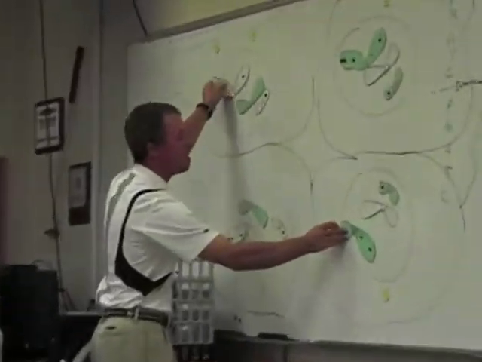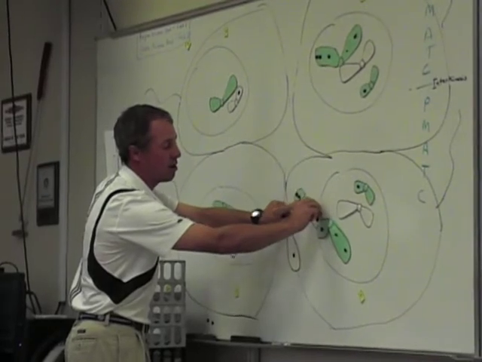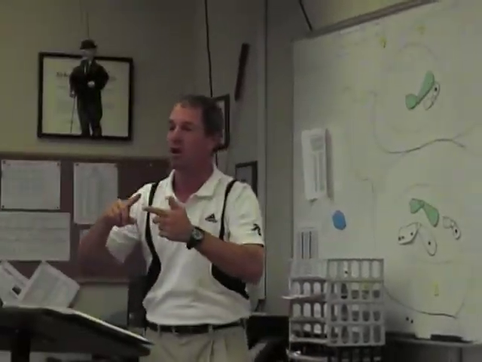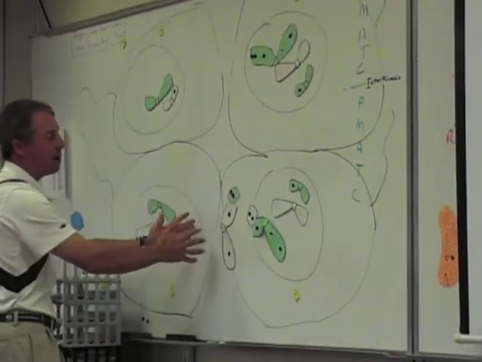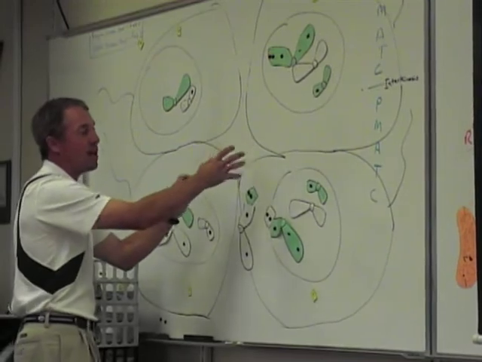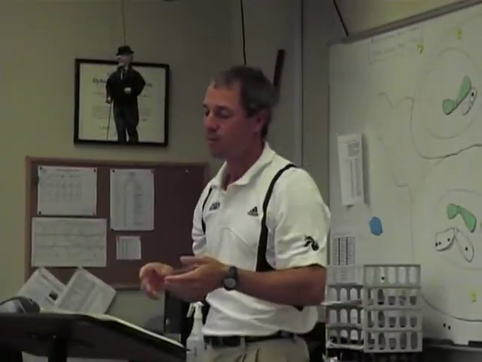When these pieces switch from one to the other, that's a source of variation. Number 2, independent assortment. When all the chromosomes line up randomly, that causes variation in the sperm cells.